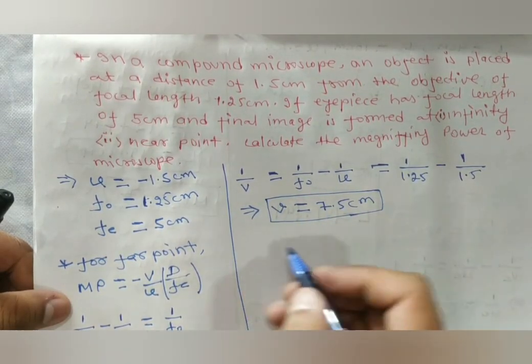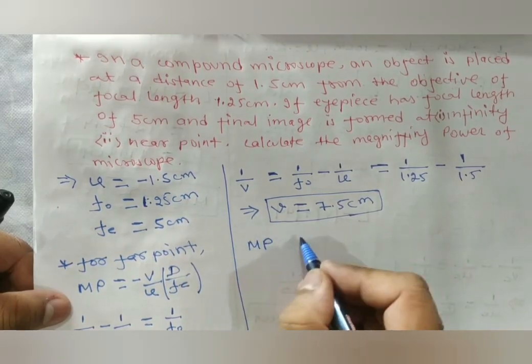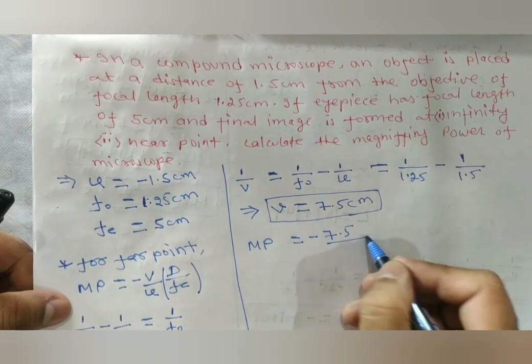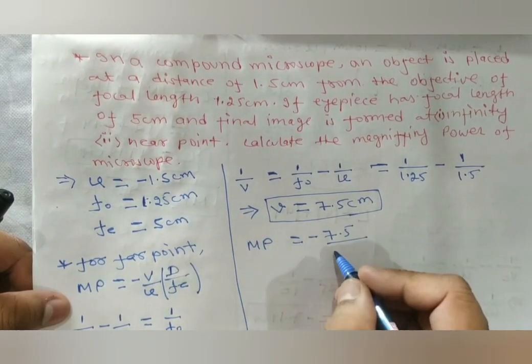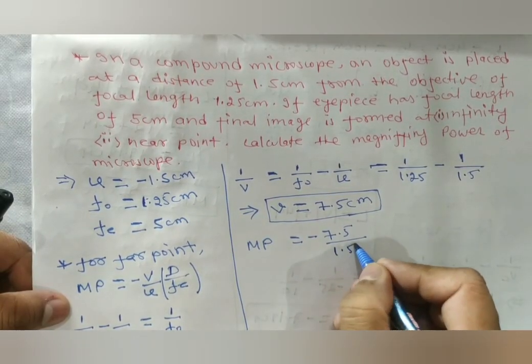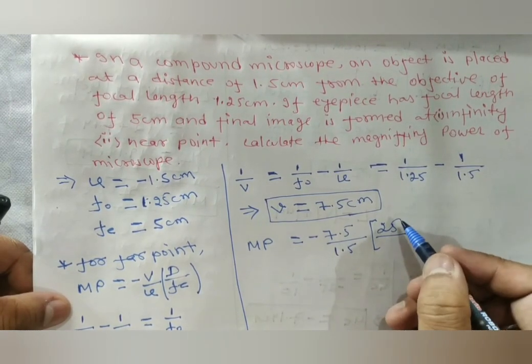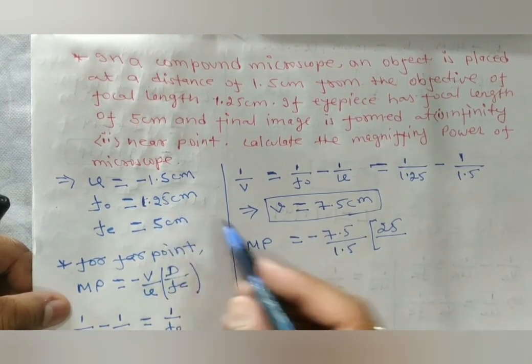So MP will be minus 7.5 upon U is 1.5 and D is 25. The Fe is 5.